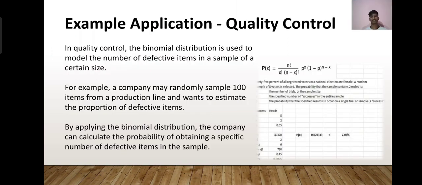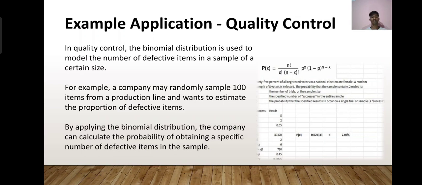Example application: quality control. In quality control, the binomial distribution is used to model the number of defective items in a sample of a certain size. For example, a company may randomly sample 100 items from a production line and wants to estimate the proportion of defective items.